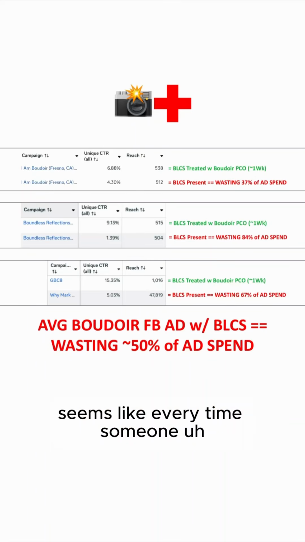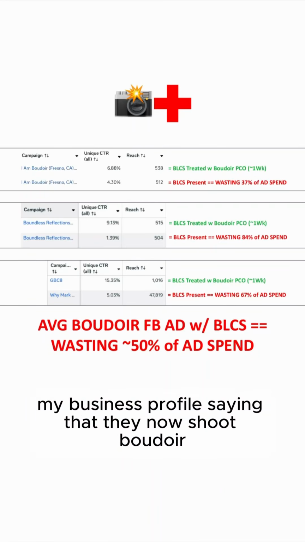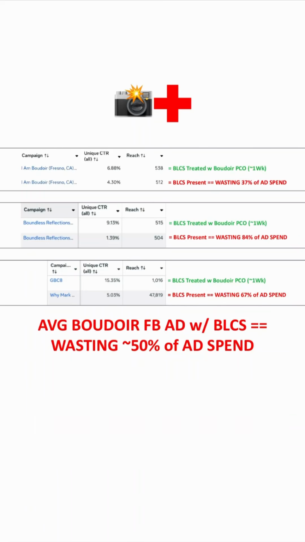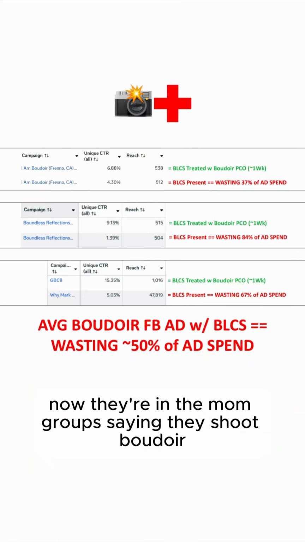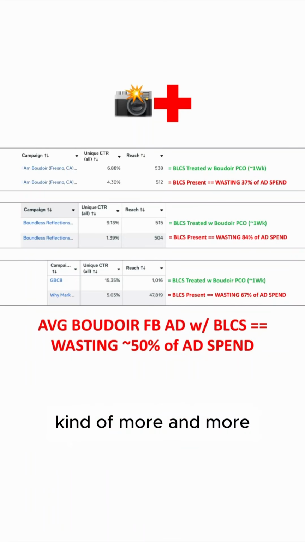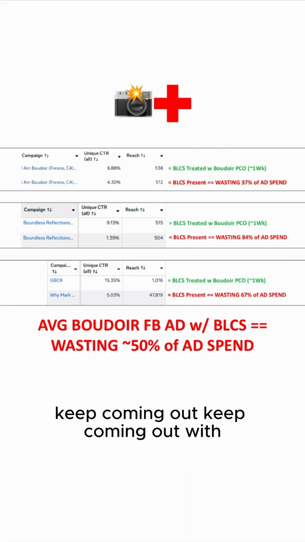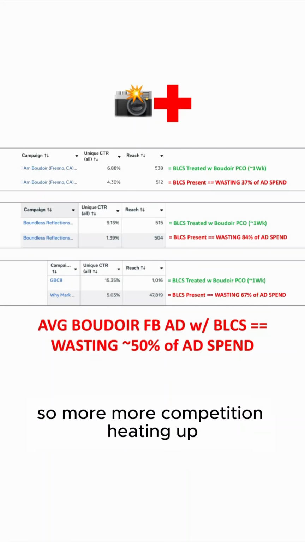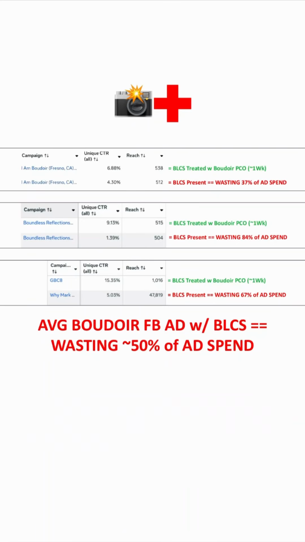Seems like every time someone gets a new iPhone, they're throwing up their Google My Business profile saying that they now shoot boudoir, or they get a new camera. Now they're in the mom groups saying they shoot boudoir. More and more boudoir photographers keep coming out with basically the same number of buyers. So more and more competition heating up.